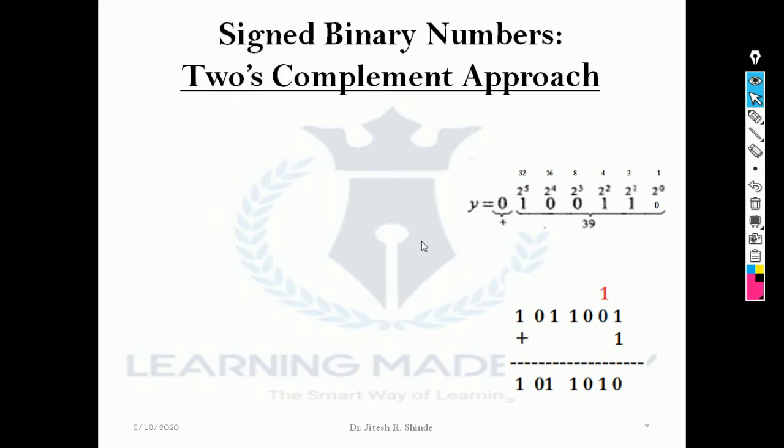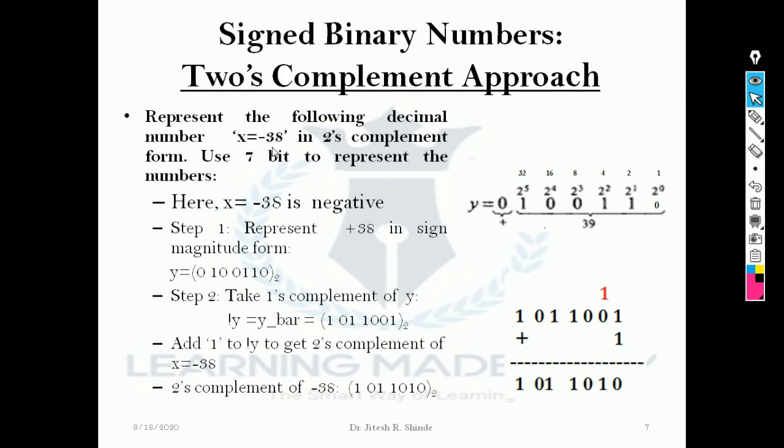Let's go with the example: x is equal to minus 38 in the 2's complement approach. Here it has been specified to use 7 bits to represent the number. So the first step: we need to find the minus 38 representation using the 2's complement approach. First, represent plus 38 in sign magnitude form.